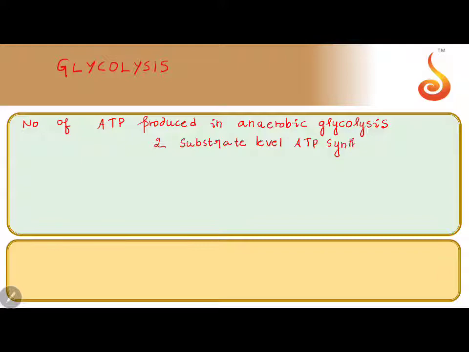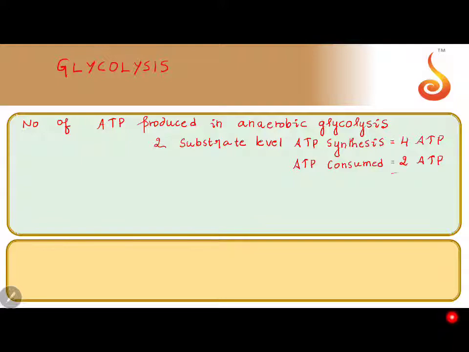This produces how many ATP? 4 ATP. And ATP consumed to activate glucose to glucose 6-phosphate and fructose 6-phosphate to fructose 1,6-bisphosphate, 2 ATP.